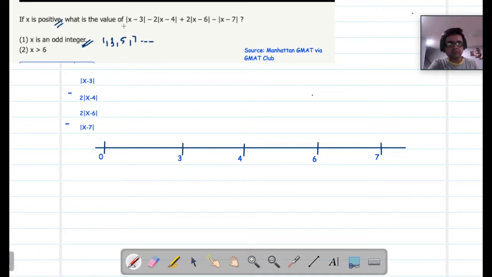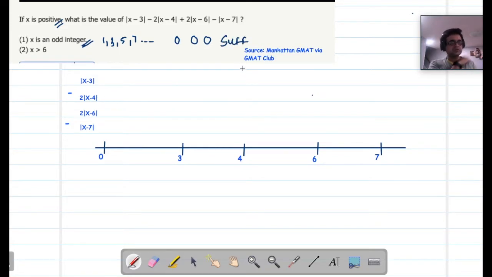And if you quickly put these values in the expression, you will start getting 0 as the answer for all the values. I will not do the calculation here. Calculation is very straightforward. And even though you don't know what will happen way beyond, you would get this feeling that since I'm getting 0 for most of the odd values, that should be sufficient. And you would mark this as sufficient and you will not be wrong.